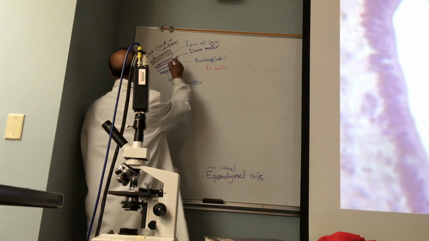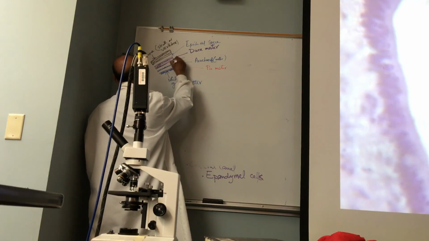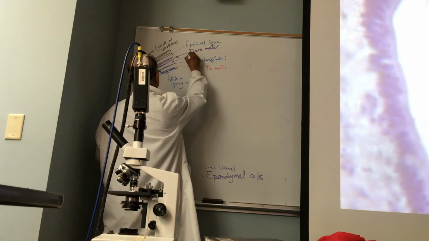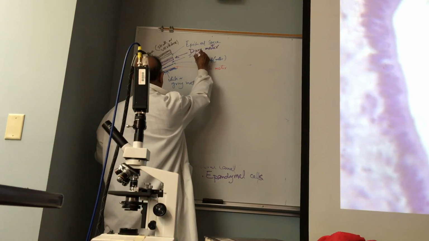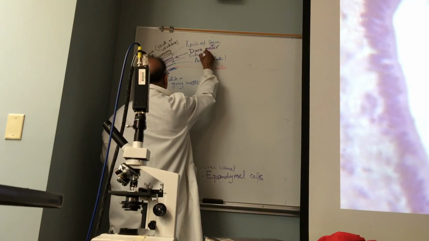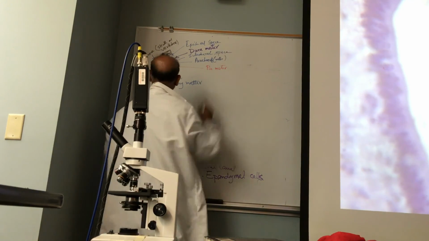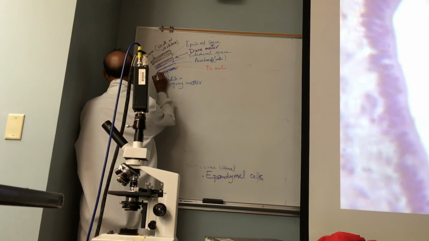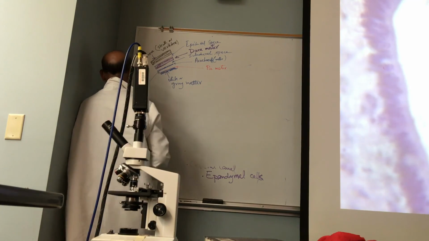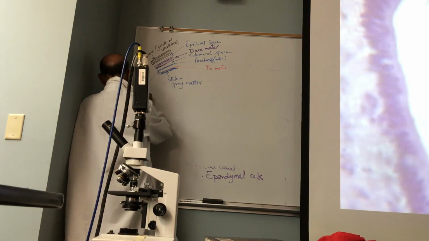This space is below dura mater. This is called subdural, one word, subdural space. And look at this space here. This space is called subarachnoid.